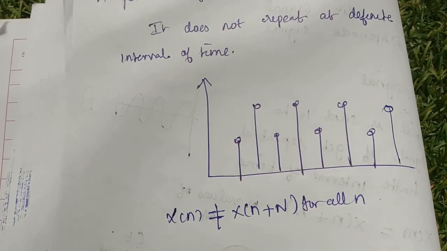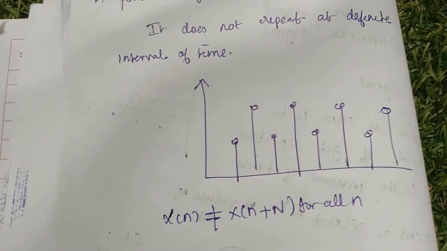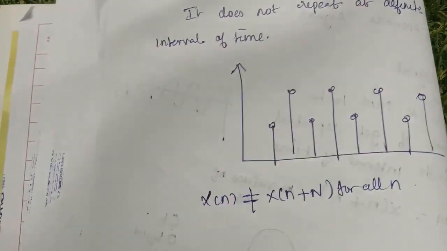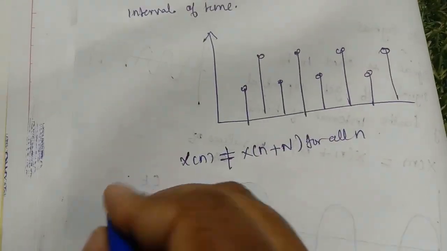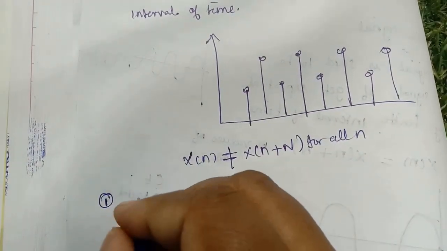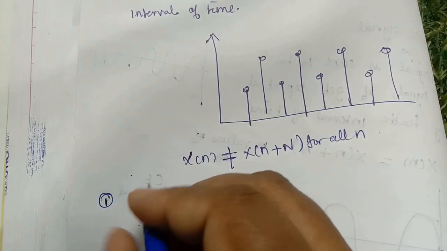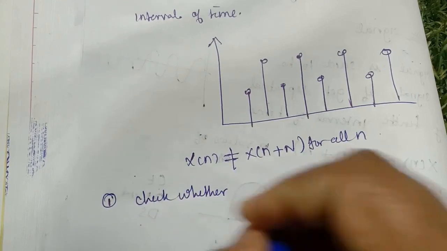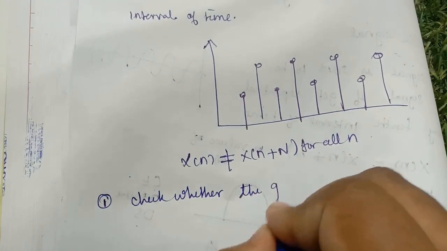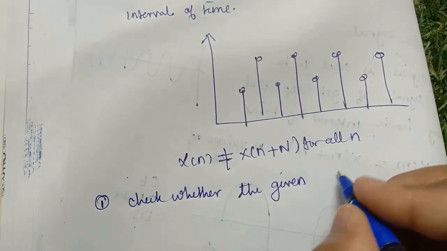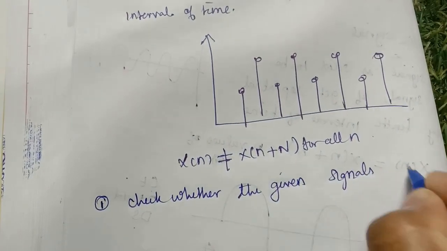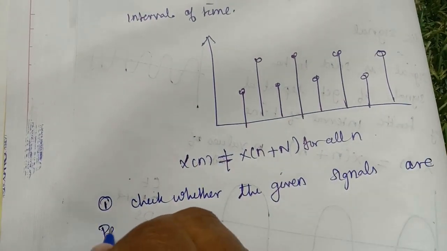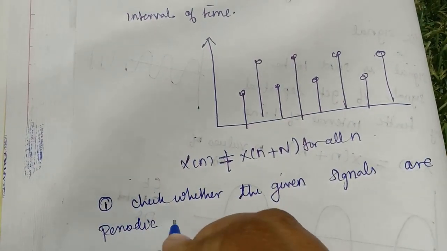Now we are going to do 2 or 3 problems on how to check whether a signal is periodic or not. First question: check whether the given signals are periodic or not.